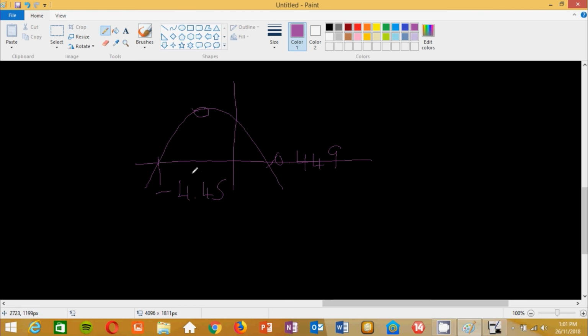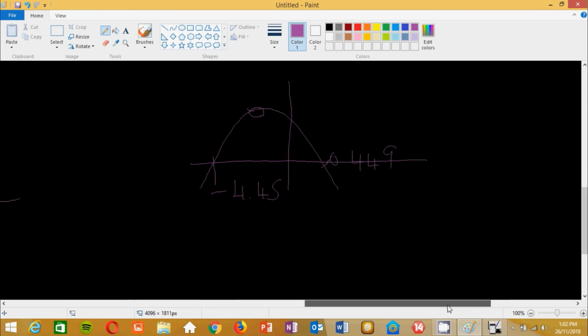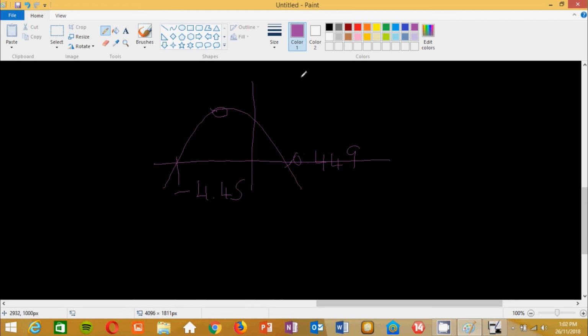So this is how our quadratic curve will look. This is where it intersects the x-axis. This is the maximum point, negative 2, 24, and this is where the curve cuts the y-axis. So anyways, this is how we sketch this curve of y is equal to negative 4x squared minus 16x plus 8.